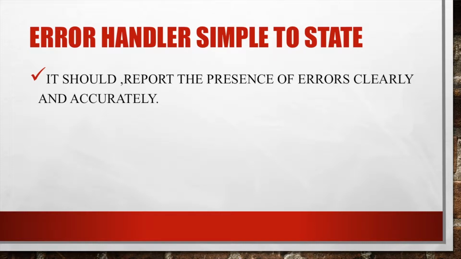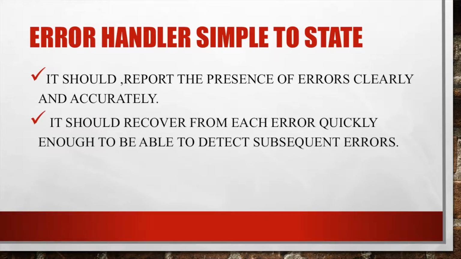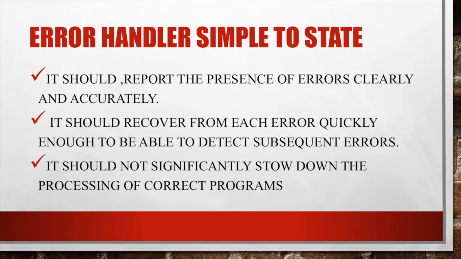Of course, in any problem, the problem should be reported correctly. Next, it should recover from each error quickly enough to be able to detect the subsequent errors, so that the parser is able to check for other errors, if any. It should not significantly slow down the processing of correct programs, because correct programs are the most important.